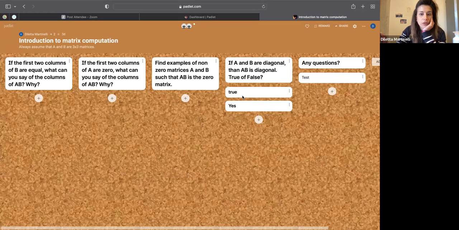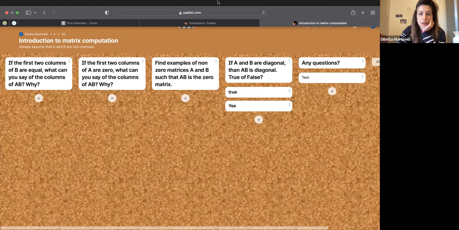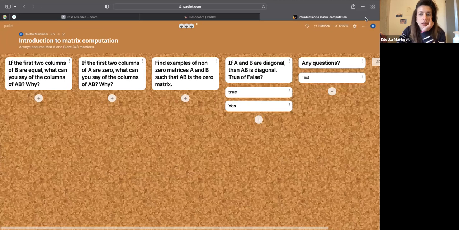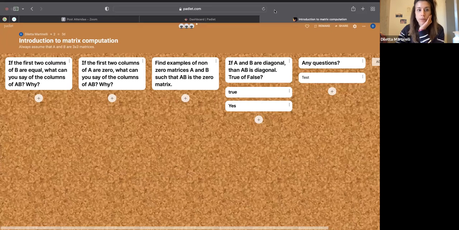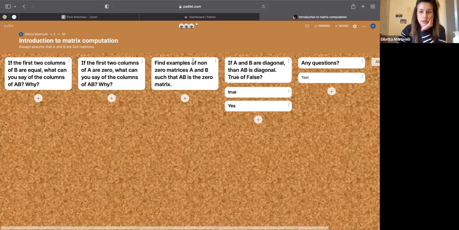The people that wrote yes and true in the fourth question, could you maybe elaborate and write a small explanation? It doesn't need to be a formal proof, but maybe a few lines.